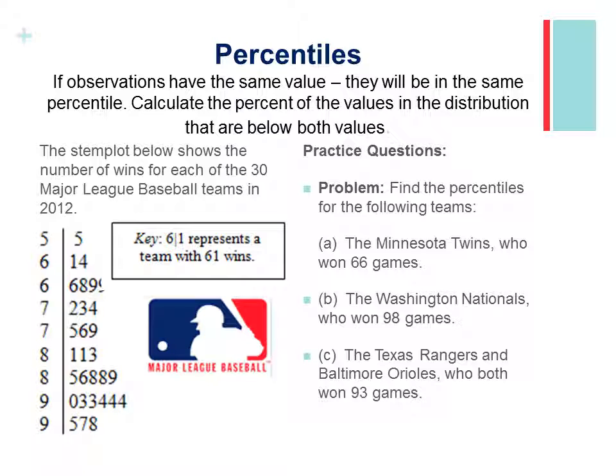The Minnesota Twins, who won 66 games. The Washington Nationals, who won 98 games. And the Texas Rangers and the Baltimore Orioles, who both won 93 games. So take a minute, pause the recording, try those, making sure that you understand that the percentiles are the values in the distribution below that specific number. And then once you have your answers, check them on the next slide.